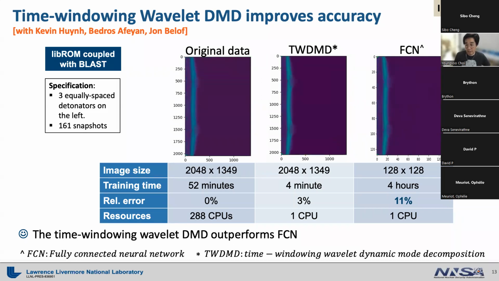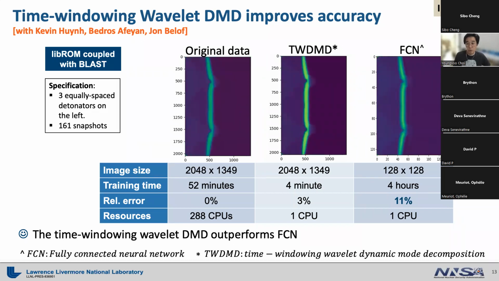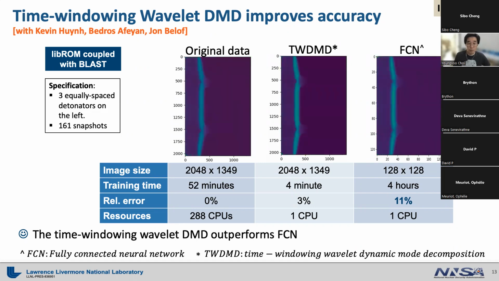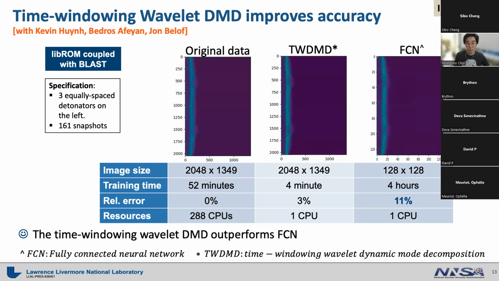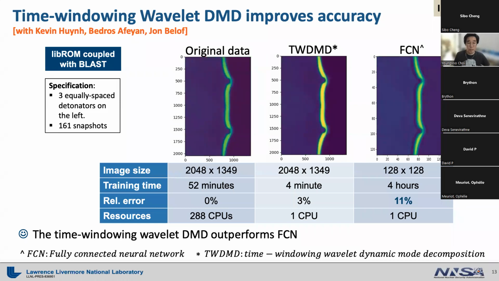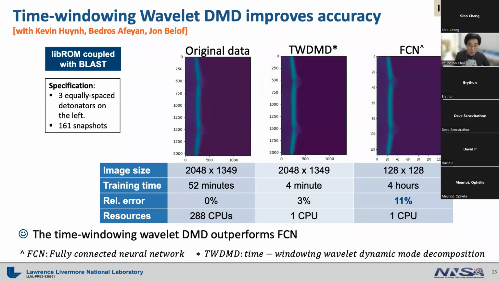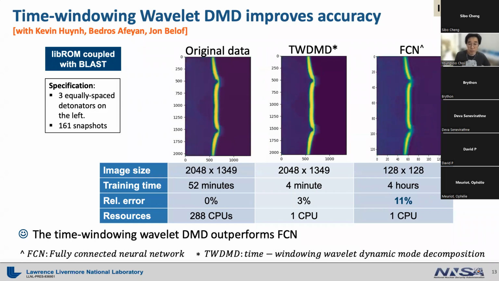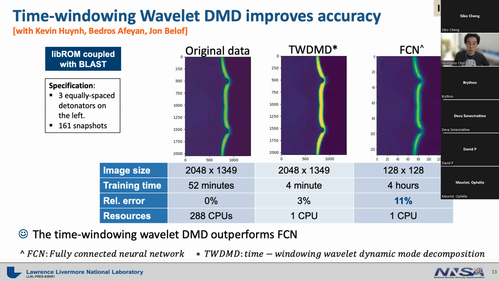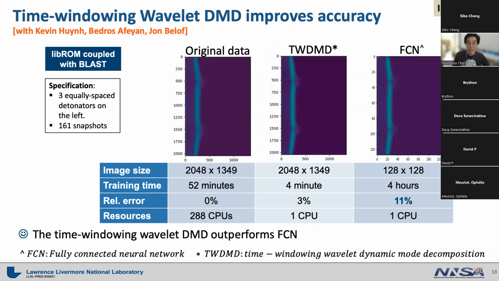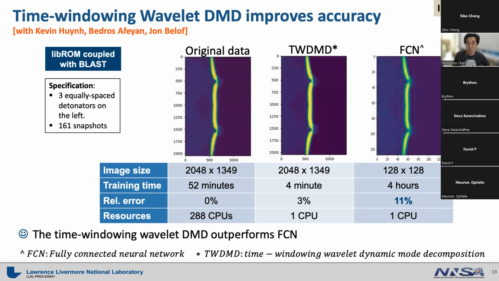Interesting fact is that this neural network used downscaled data. That is, the original full order model data was actually 2048 by 1349, but the downscaled data for the neural network was 128 by 128. Despite the reduced size of data, the neural network took 4 hours of training. On the other hand, DMD did not need to downscale the data and used the original size data. DMD was able to train within 5 minutes.